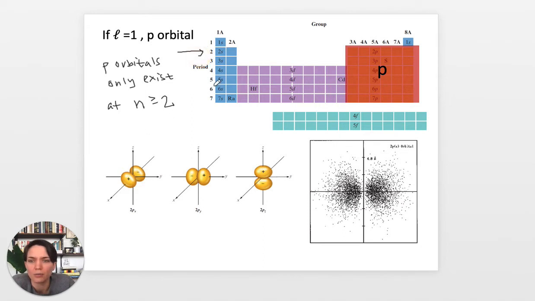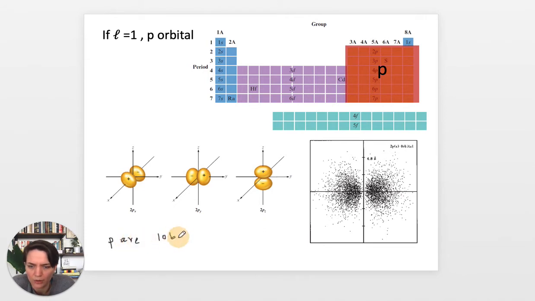Okay, so p orbitals are going to have a different shape than our s orbitals. P orbitals are like lobes. You can think of them as being like a figure 8. And this point here on our figure 8 is going to be our node.